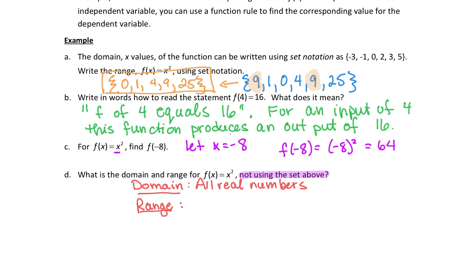So I'm going to write my range in as an inequality. Also remember that range are y values. So the range is the output. So I want all my values to be greater than or equal to 0. That would be my range. That shows me that y can never be negative.